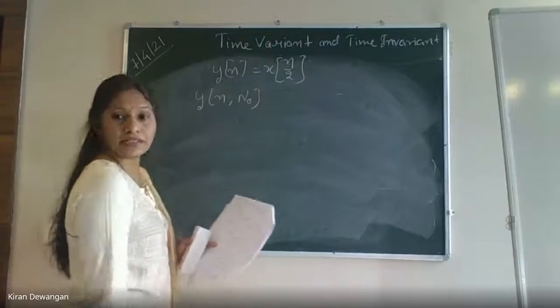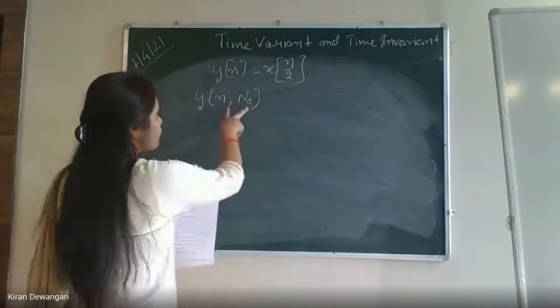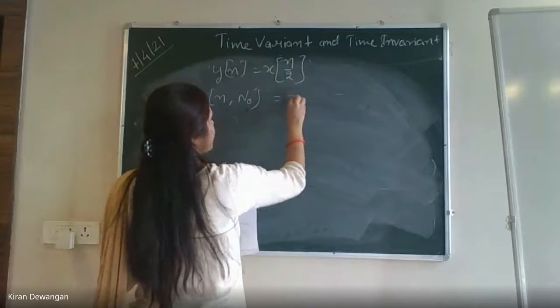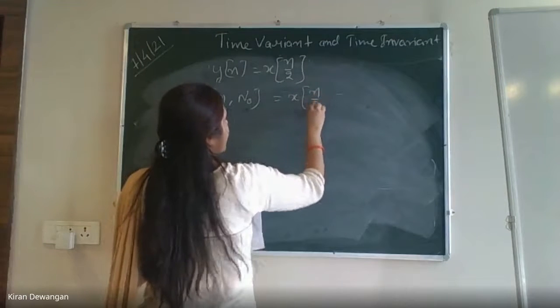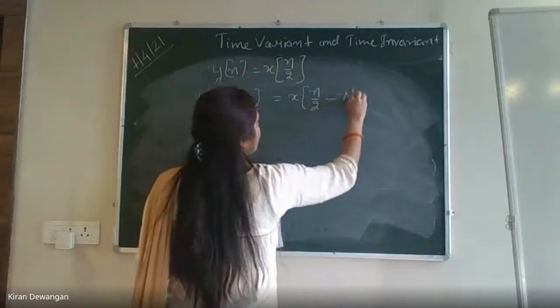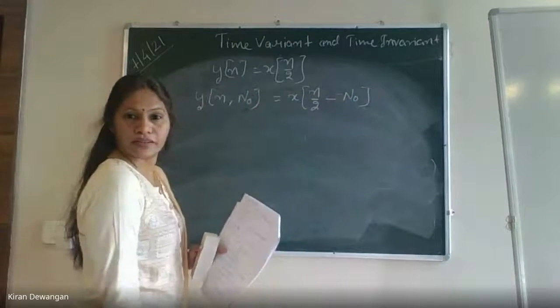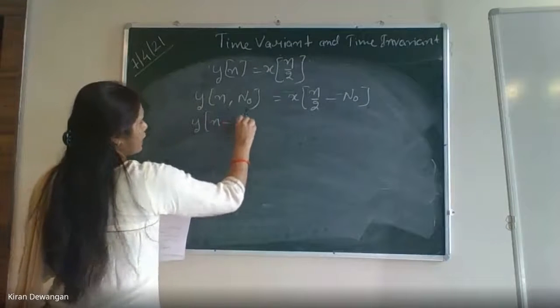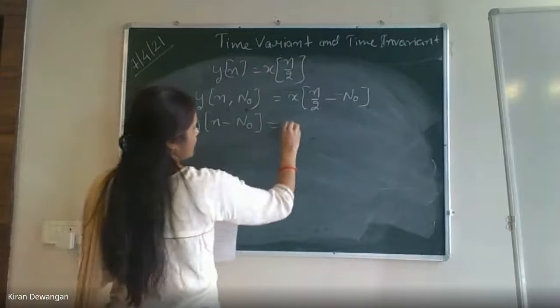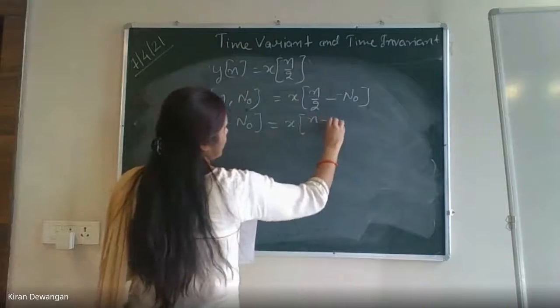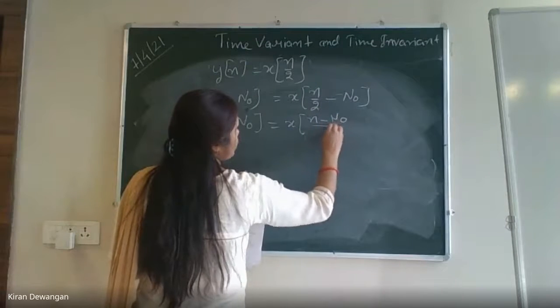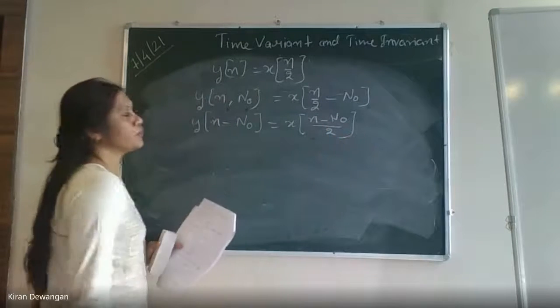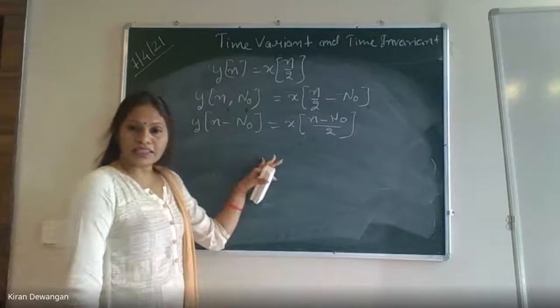Let us take it as n naught. ठीक है? With the shift in input. ये क्या हो जाएगा? X of n by 2 minus n naught. Here, then y of n minus n naught will be x of n minus n naught by 2. Is this thing clear now?